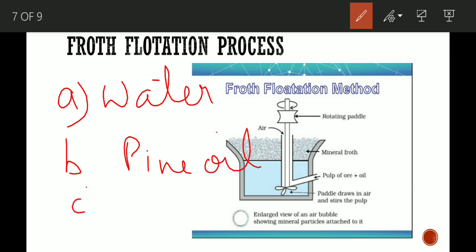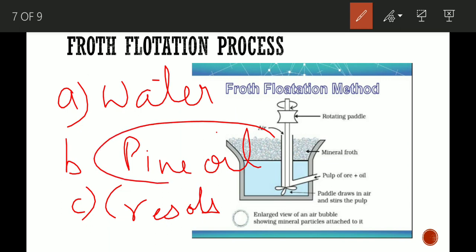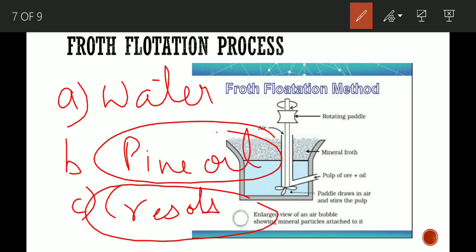Now coming to cresols. Cresols are also called aniline, and are used to stabilize the foam. Whatever foam is generated because of pine oil, cresol helps in stabilizing that foam.